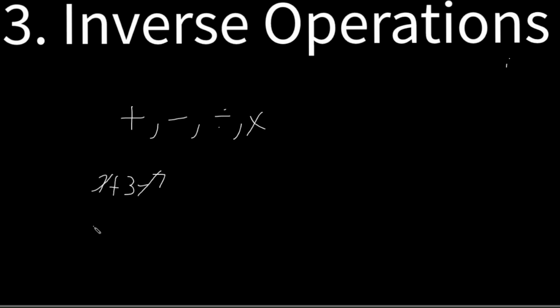To make this more generic, I'll use a variable x. If we add something to the variable, let's say y, and then subtract that same y, those are going to cancel out and we just get our x. So these are what we call inverse operations.